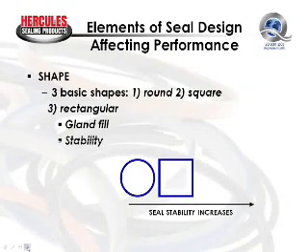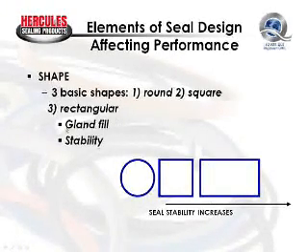We're also concerned about the amount of gland fill, or the space in the groove that the seal shape occupies. And we're concerned about that because of stability. The more stable the seal, the better sealability that we're going to have. If you have a round shape and a very large groove, you have a lot of space for the seal to move back and forth in the groove, so you have less stability.